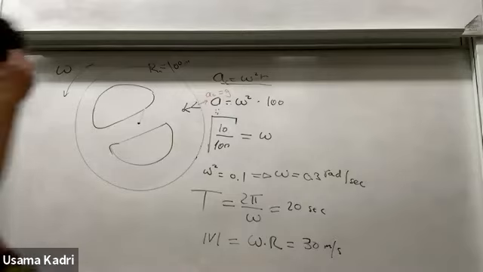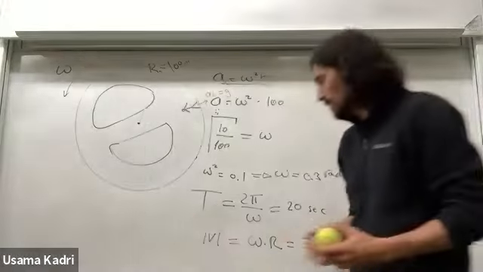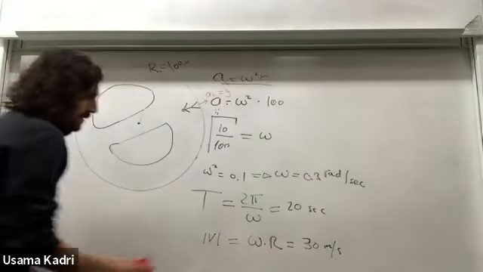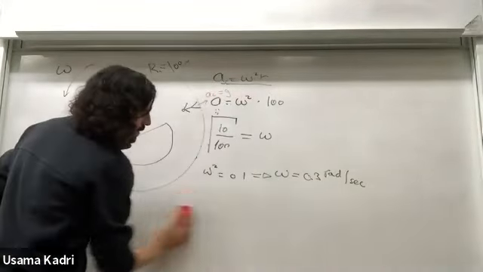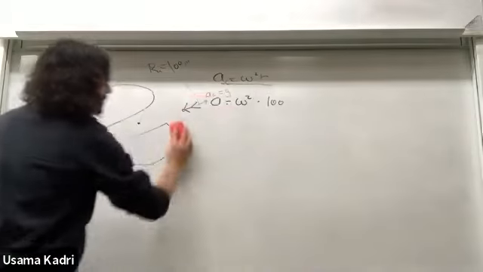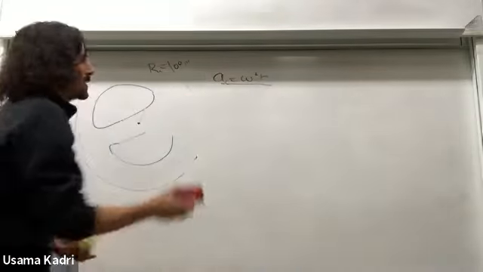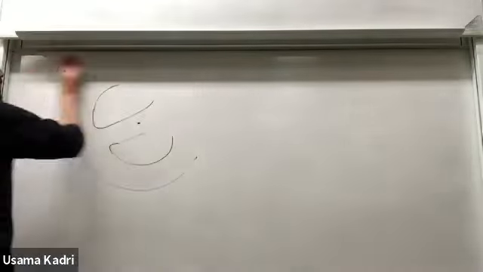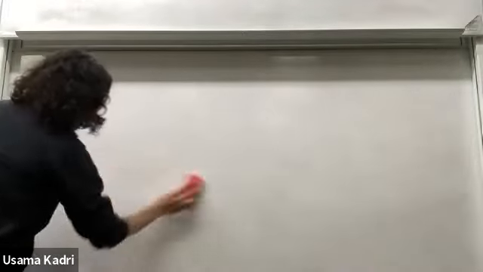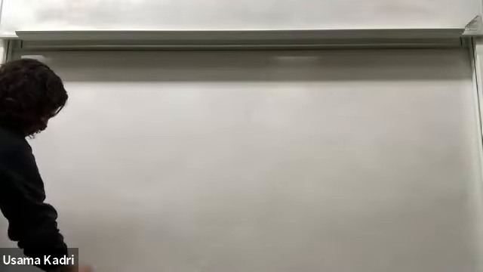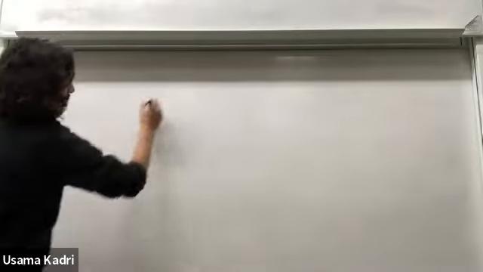Okay, so now we can go back to this problem. Now we have gravity. Now we can add gravity to the problem that we solved. And I want to ask you about one point.